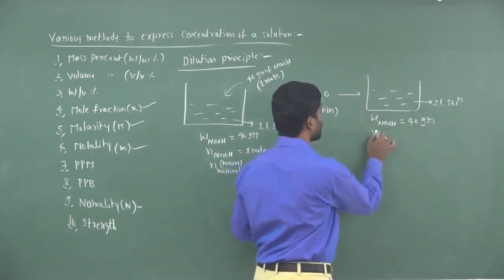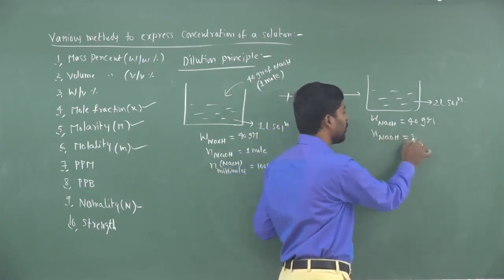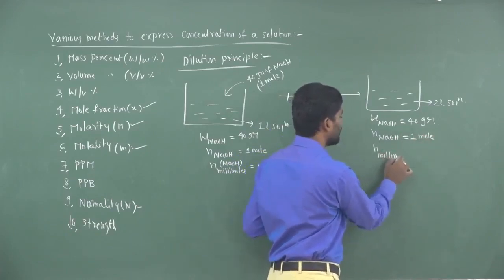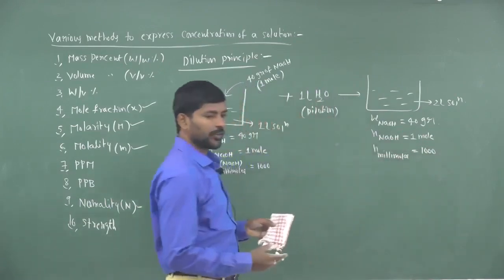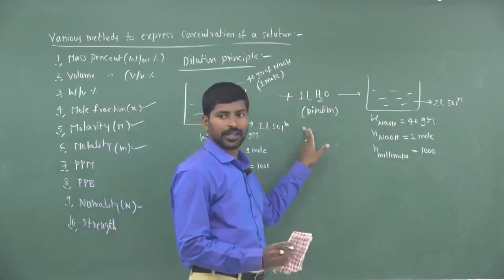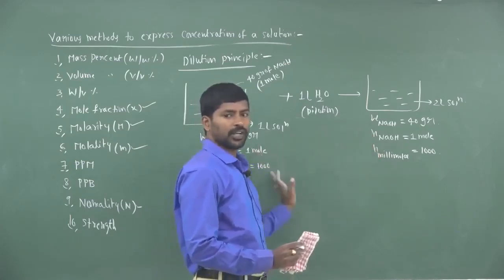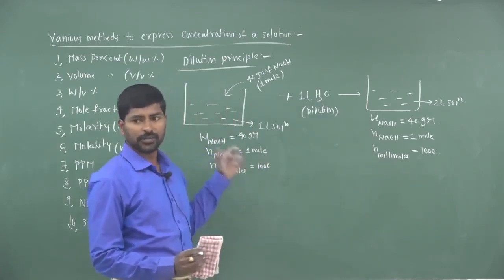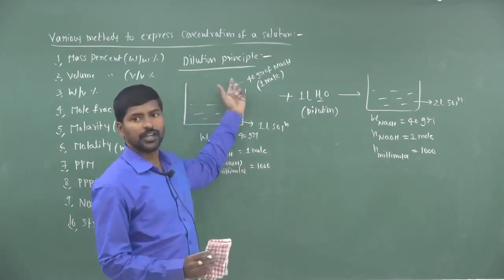That means the number of moles is 1 mole, and the number of millimoles is 1000. By adding water, there is no change in the weight of solute, number of moles, or number of millimoles of solute during dilution. That is called the dilution principle.